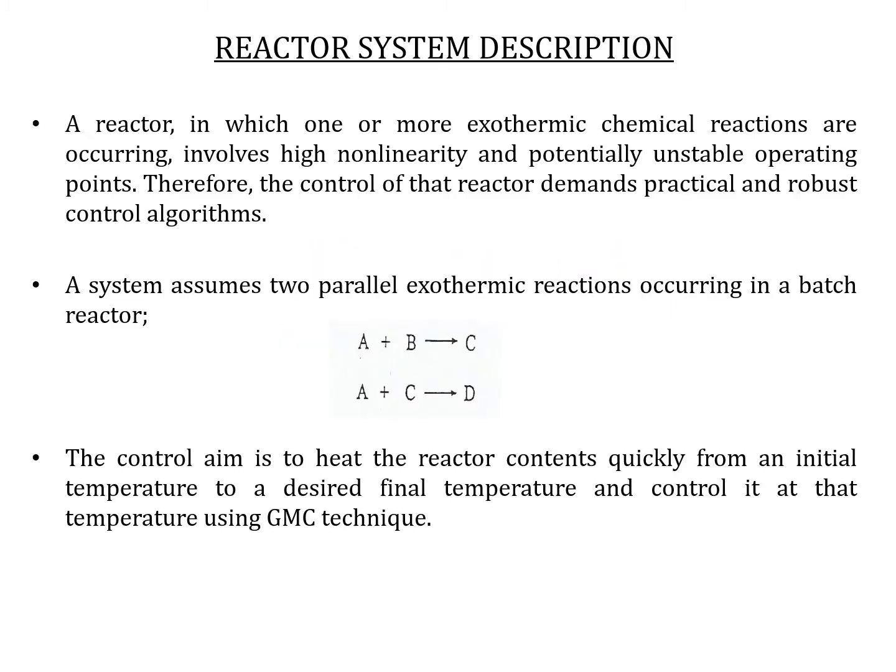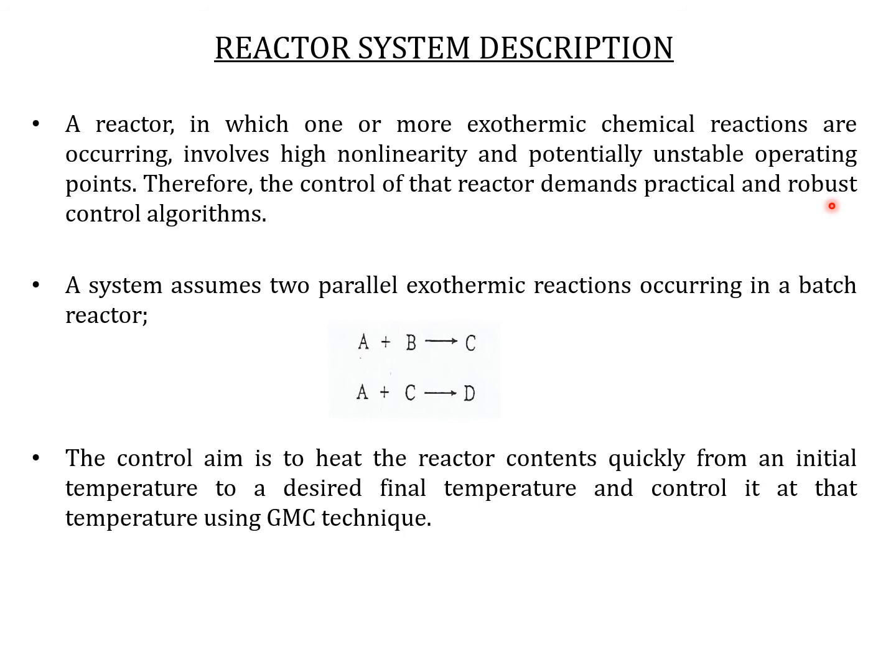Okay, so what were the applications for? If you look at the most popular one, again, a reactor system, as seen just now. A reactor in which one or more exothermic chemical reactions are occurring involves high nonlinearity and potentially unstable operating points. Therefore, the control of the reactor demands practical and robust control.